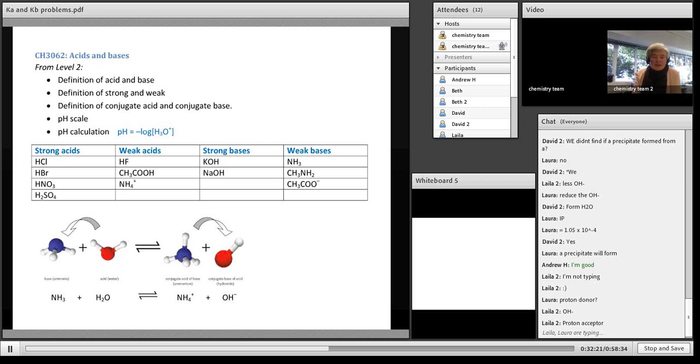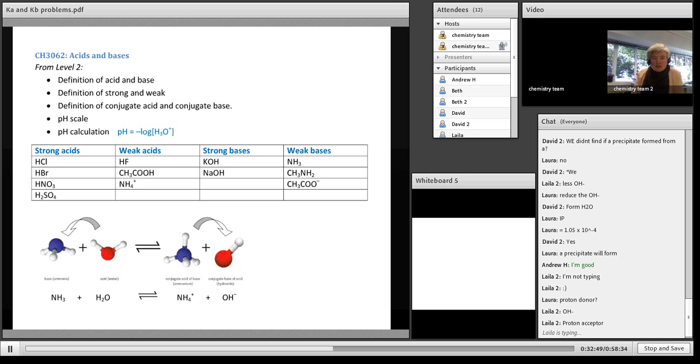As far as you're concerned, because you're working mainly with aqueous systems, the Arrhenius one of forming hydronium ions or hydroxide ions works pretty well. If you're carrying on to university, you'll do other definitions, and it's a much broader definition. But these are perfectly adequate. So that's a definition of an acid and base.